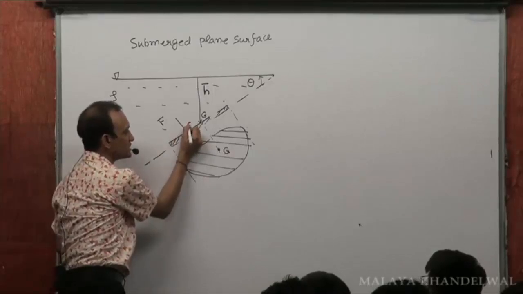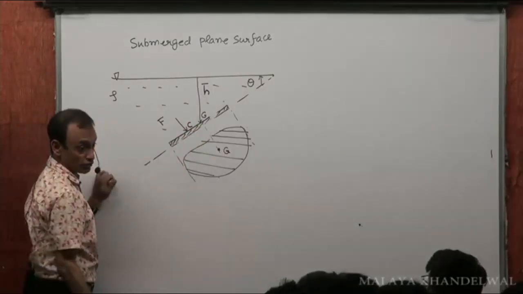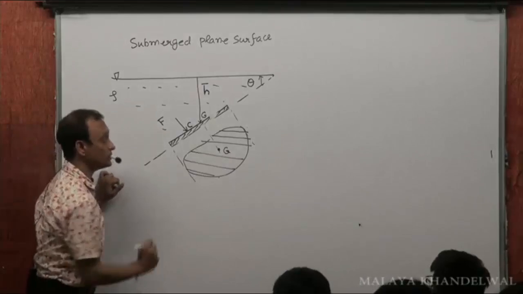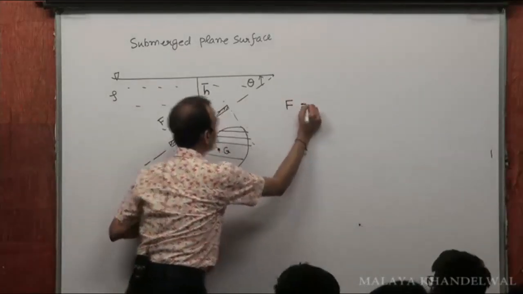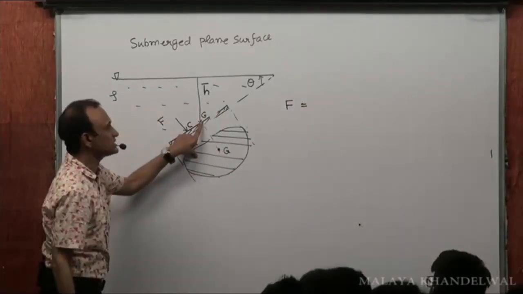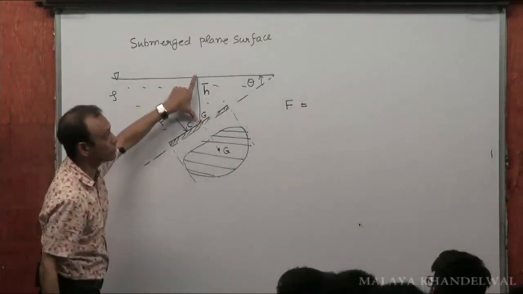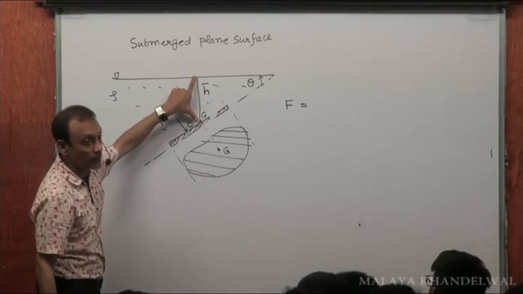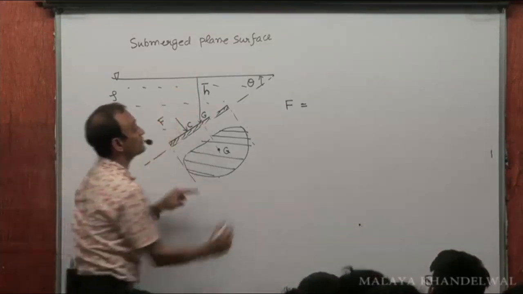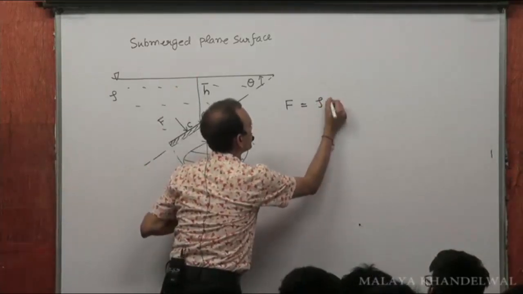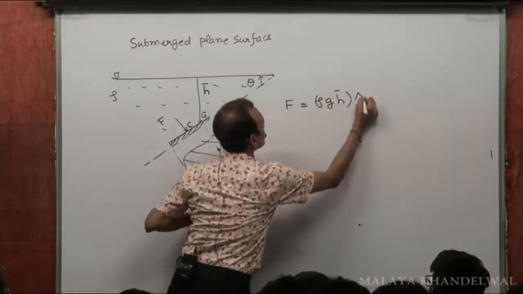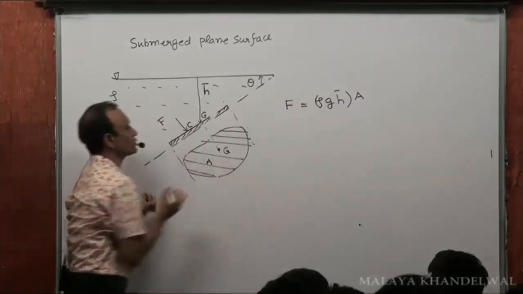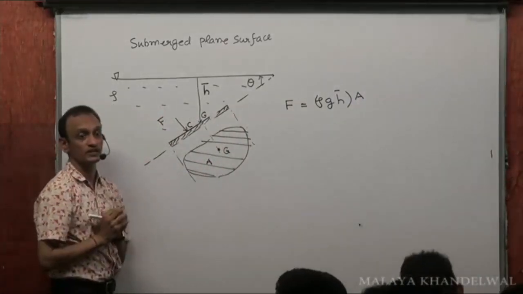It will act through the center of pressure C. To compute the magnitude of the force, all you need to do is locate the depth of the center of gravity of the surface, compute the pressure at that point, rho g h bar, and that into the total area A will give me the total force F acting.